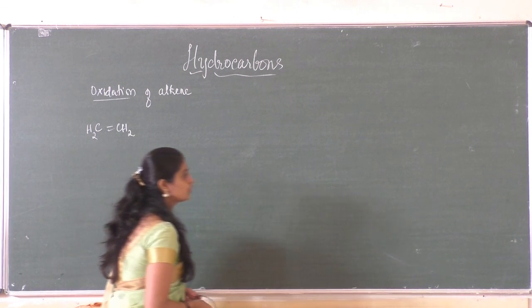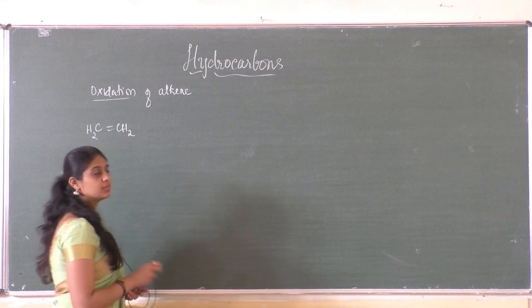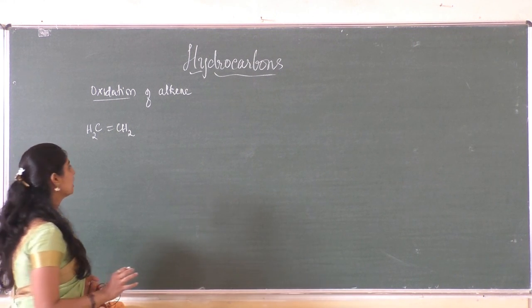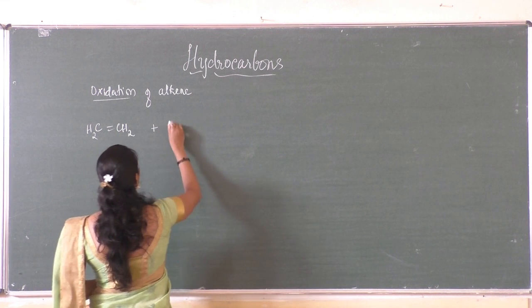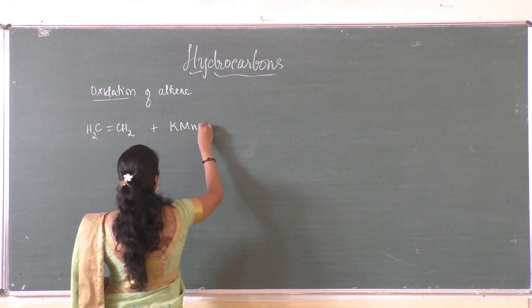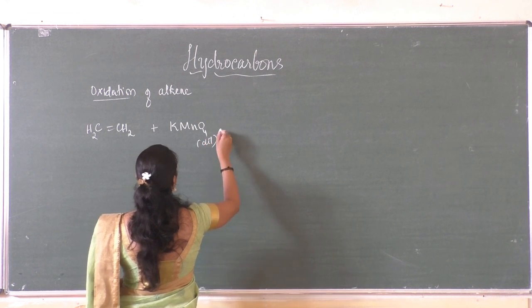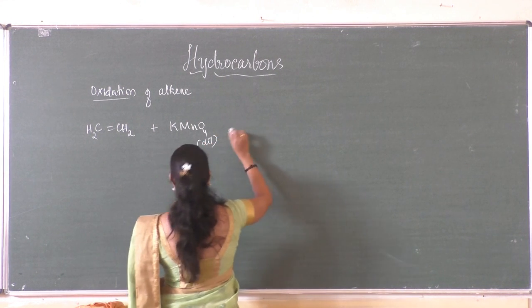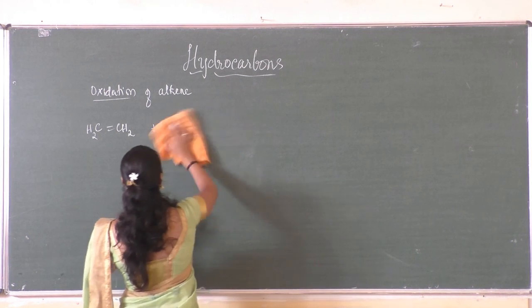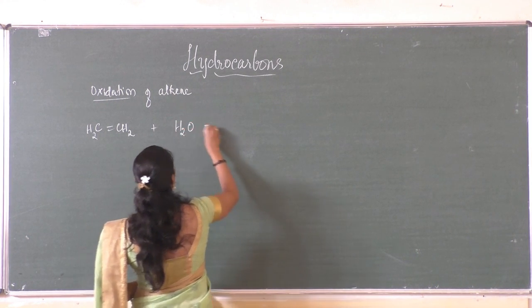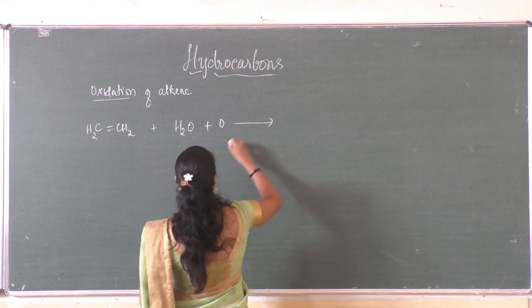Glycol means it consists of two hydroxyl groups attached to adjacent carbon atoms. Since KMnO4 is dilute, it contains water, and oxidation takes place.